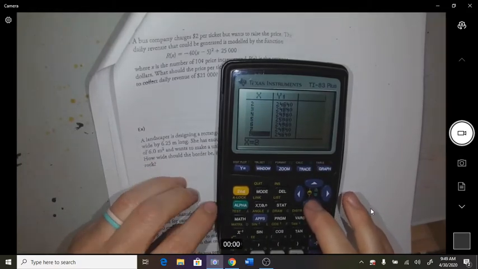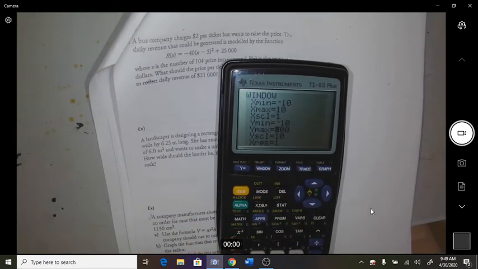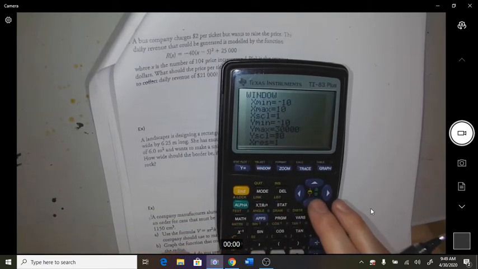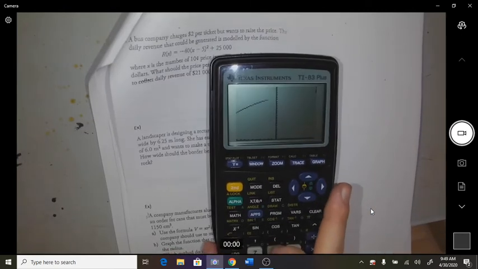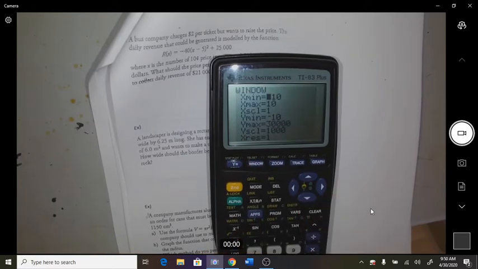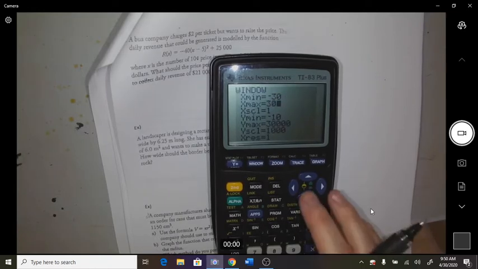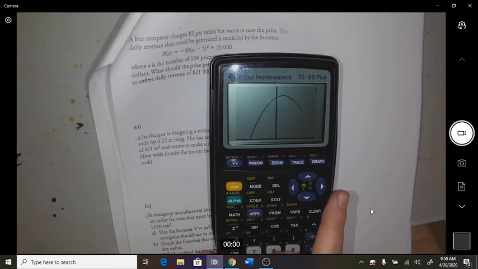So 30,000, let's go maybe. Up by thousands. Try that, see what happens. Okay, I'm also going to go on my X from negative 30 to 30 maybe. That looks better.